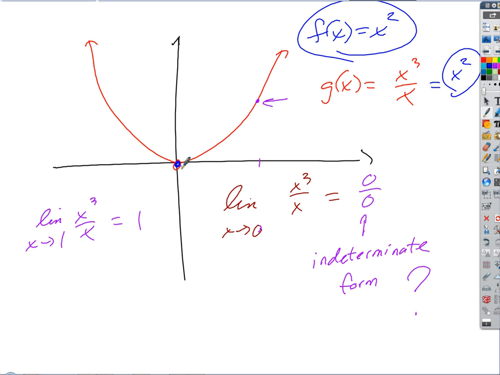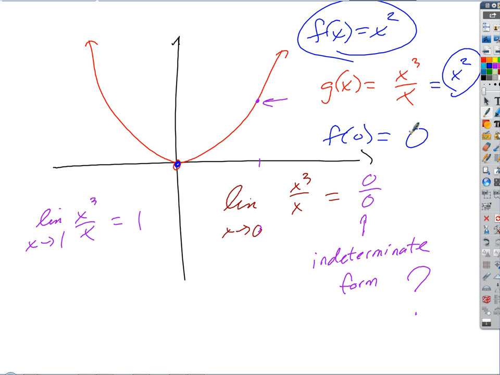Does that make sense? So f of 0, this function f of 0, is what? 0. So if f of 0 is 0, then the limit of g of x as x approaches 0 must also be 0. Does that make sense? Very tricky, right? That's a great strategy. Okay?